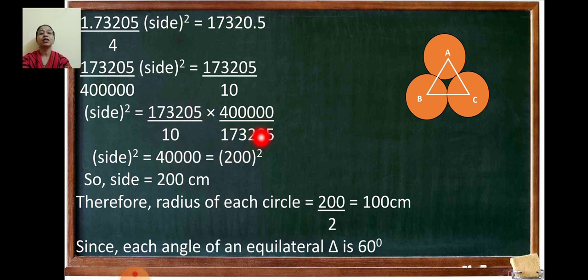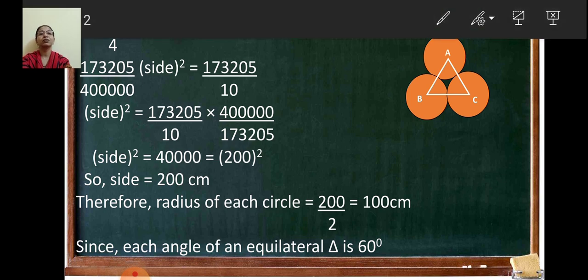Right? Now cancel out the term. These two terms are same. So you cancel from numerator and denominator. Cancel it. This will go cancel. 1 0 will get cancelled. So you will remain with side square is equal to 40,000, and 40,000 can be written as 200 square.